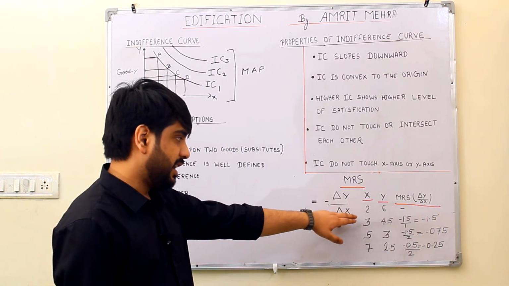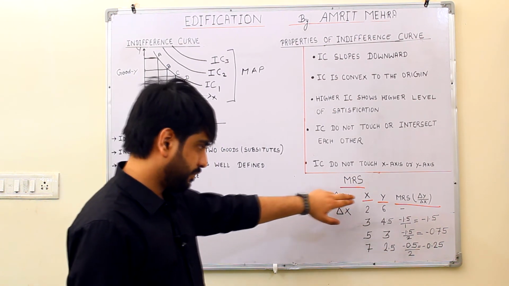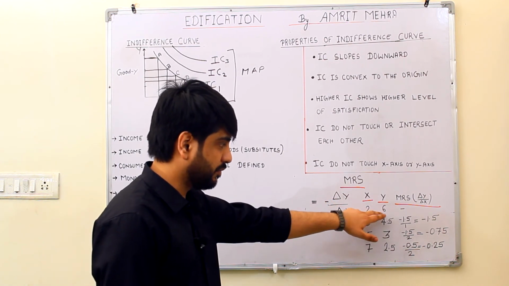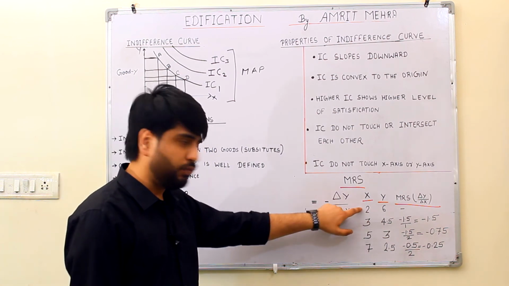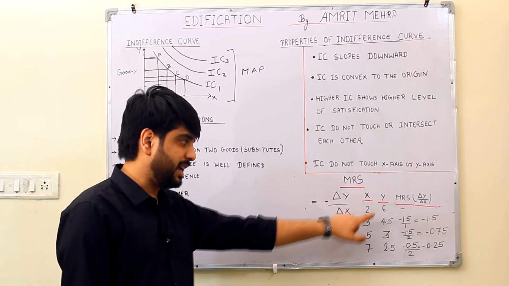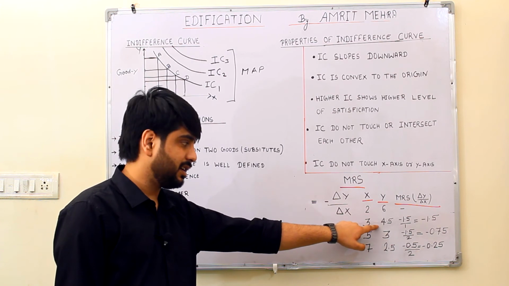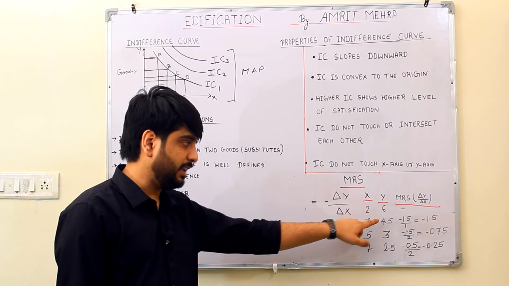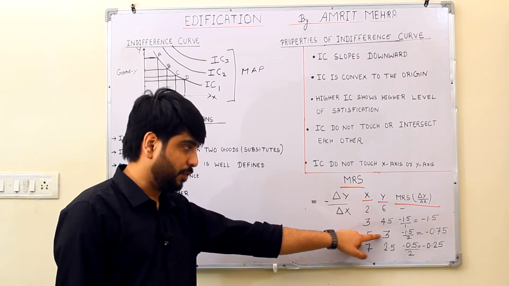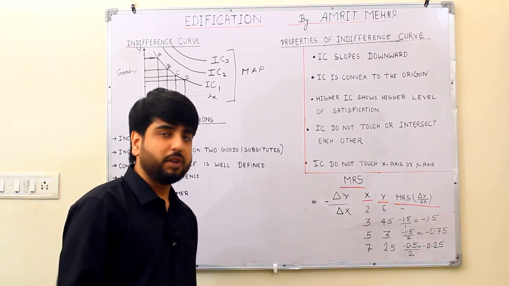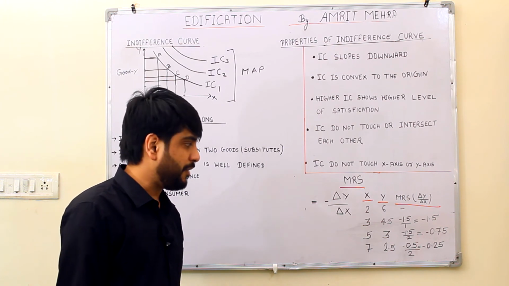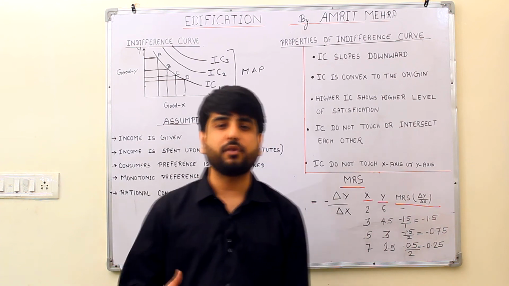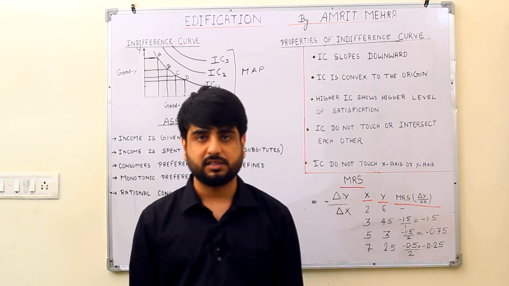Let's say we are using 2 units of good X and 6 units of good Y. I increase 1 unit of good X but decrease 1.5 units of good Y. When I increase 2 units of good X, I decrease 1.5 units of good Y. So what we can observe is, when we have more units of a commodity, the utility that it has for us is less.